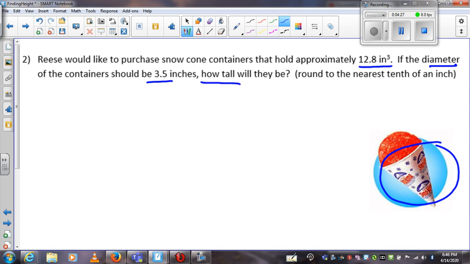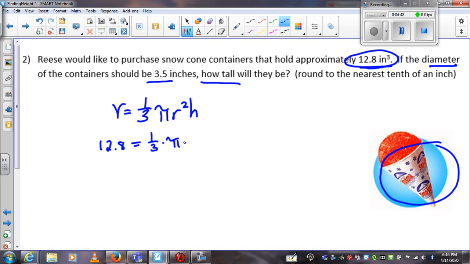So we know we've got a cone. Formula is 1/3 pi r squared h. So that's my formula for a cone. Now I know the volume is 12.8, so I'm going to put the 12.8 right where the V should be. 1/3 times pi times the radius. Now this is kind of tricky.